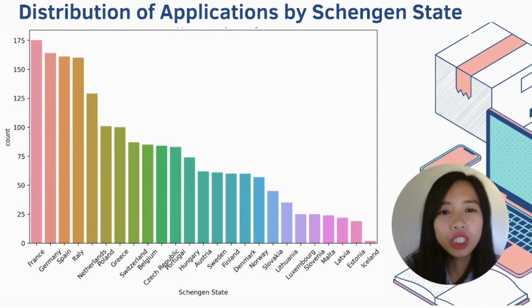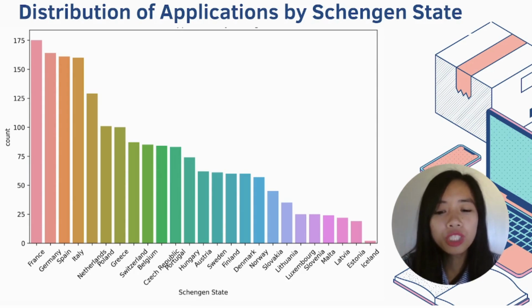The first visualization that I will show you is the bar graph of the distribution of applications by Schengen country. Here, it shows the 26 countries that are part of Schengen. As you may know, Europe is composed of 44 countries, but not all 44 are part of Schengen, only 26. From this graph, we can notice that the top three countries are France, Germany, and Spain.